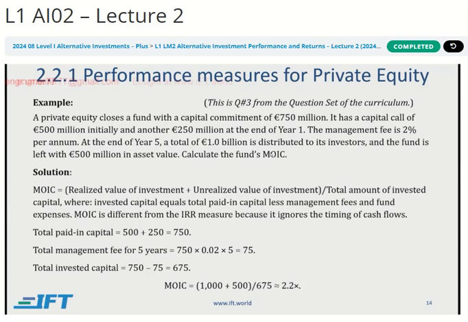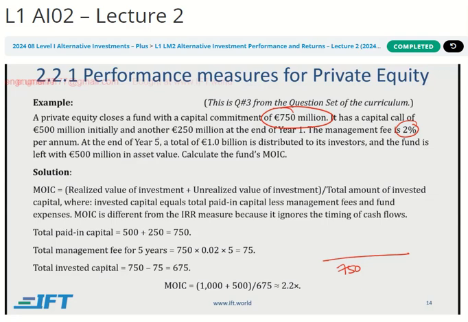So let's say there is a fund that is investing 750 million, right? So in the denominator, obviously, we're going to start off with that 750. But we won't take that entire 750, because if there is any fees that is paid, that is deducted from it. Now, how much fees are we paying? The management fees is 2%, right?